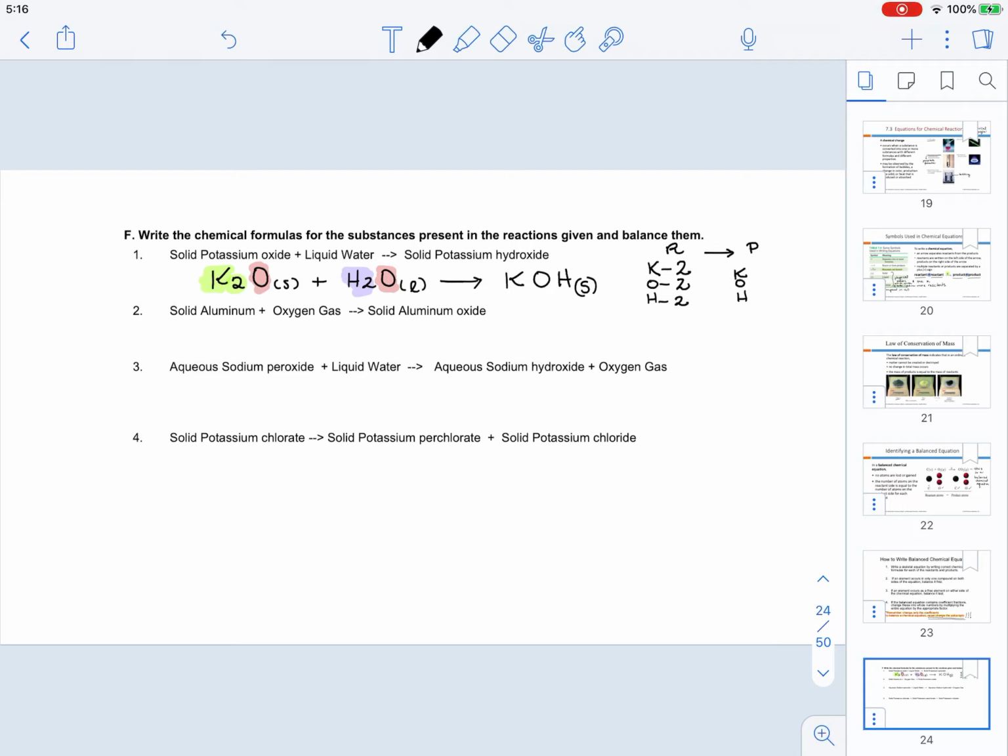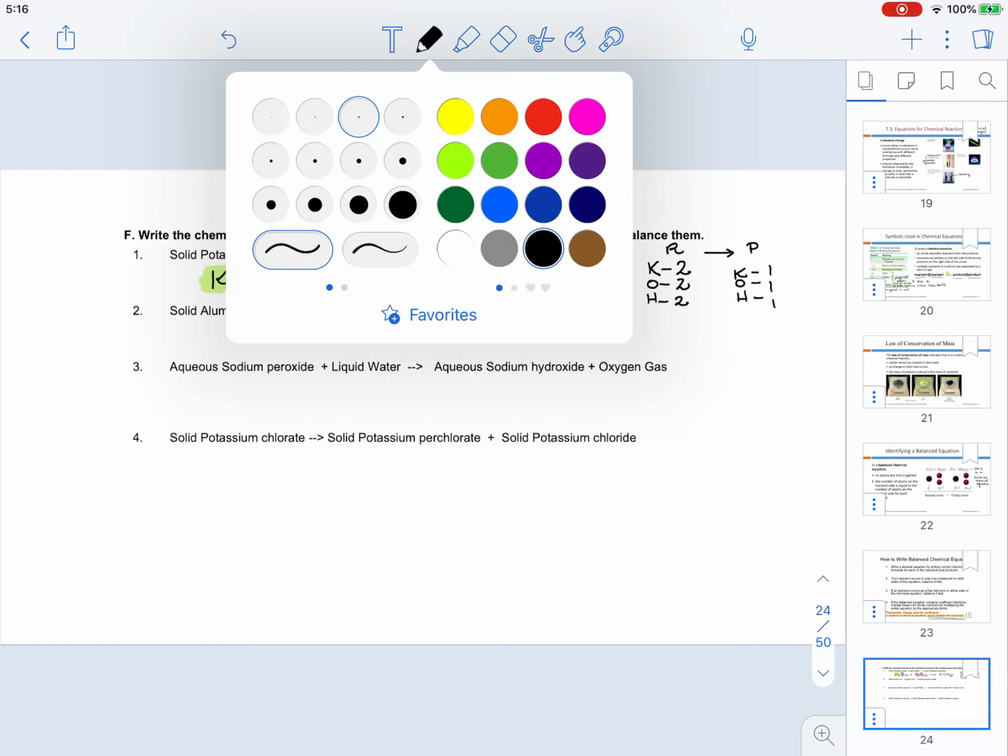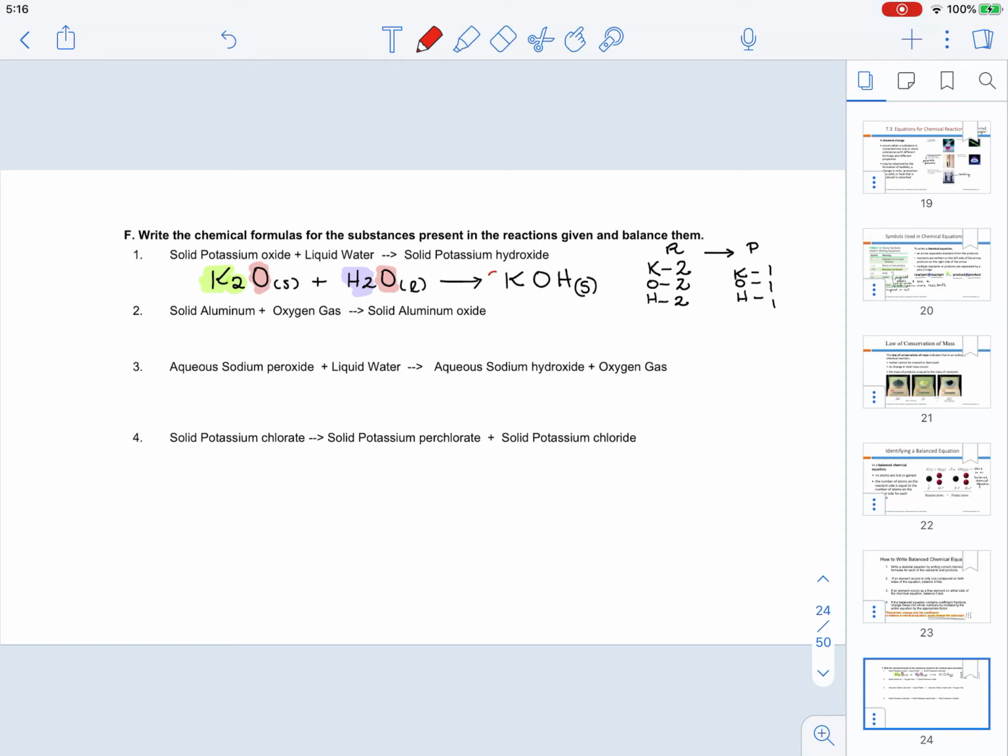When it comes to the product, we have 1 of each. So the way that we balance this equation is if we place a 2 in front of KOH, understand that that 2 is distributed and multiplied by the subscripts of the atoms that are in the product. So that means that our potassium goes to 2, our oxygen goes to 2, and our hydrogen goes to 2. And that's how we balance the first equation. Let's do the next one.